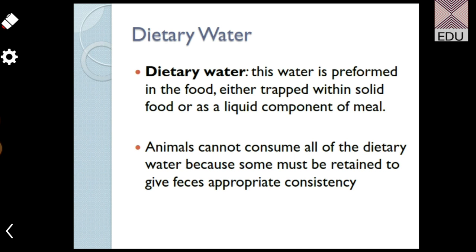Now the animals cannot consume all of the dietary water because some must be retained to give feces the appropriate consistency. This is very true for the feces and it is very true for the urine also. So if the animals are taking in like 100 ml of water, 10 to 20% of this water will be given out with the feces, and near to 10 or 20% is given through the urine.